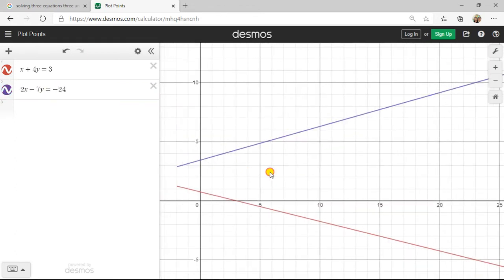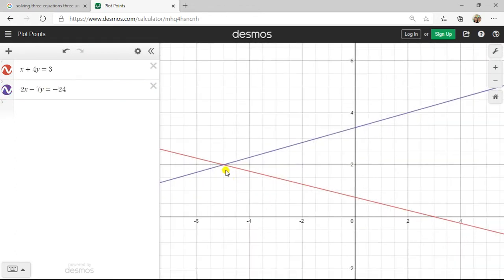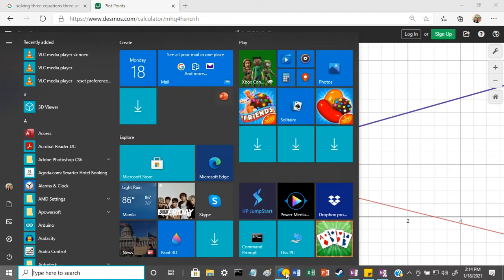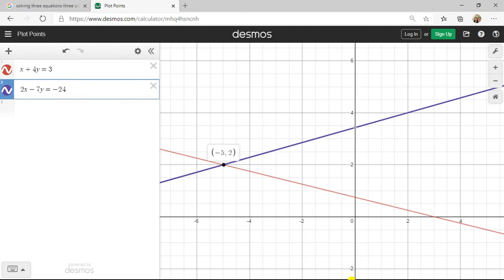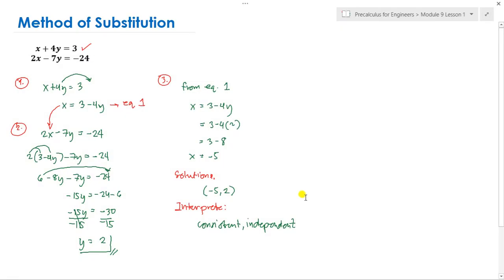We're going to zoom in. Here, the point of intersection is negative 5 and 2, which matches our answer. The x was negative 5 and the y was 2. So therefore, our solution and its interpretation are correct.